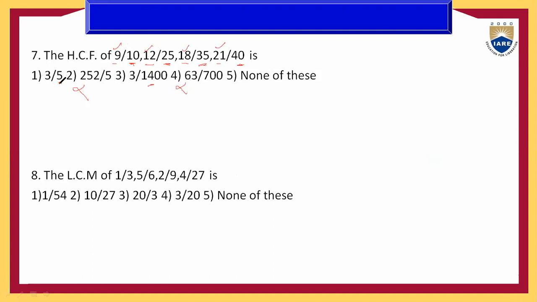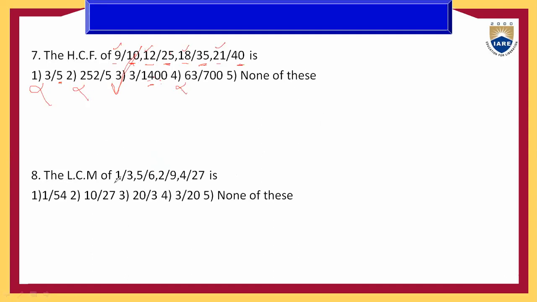This 5 is not equal to or more than the highest value, so this option is not the correct answer. Most probably this one is the right answer. So 10 divides 1400, 25 divides 1400, 35 divides 1400, 40 divides 1400. So option number 3 is the right answer. So one student gave the correct answer. Very good, Priyanka Dasari.